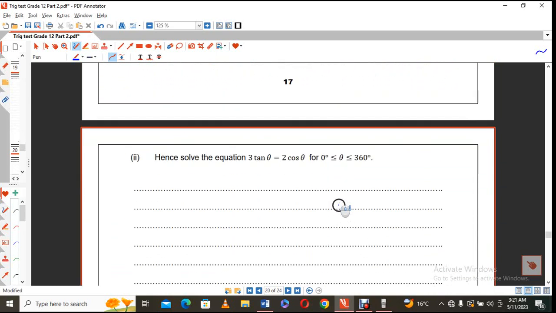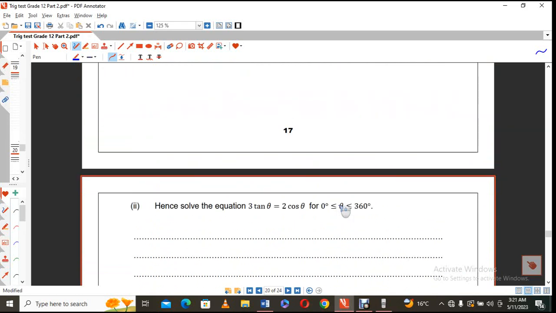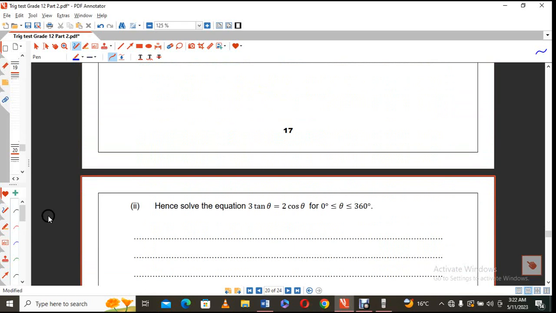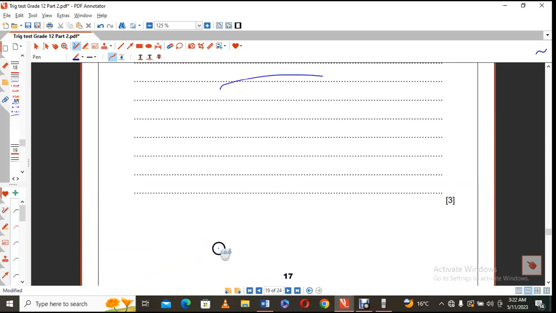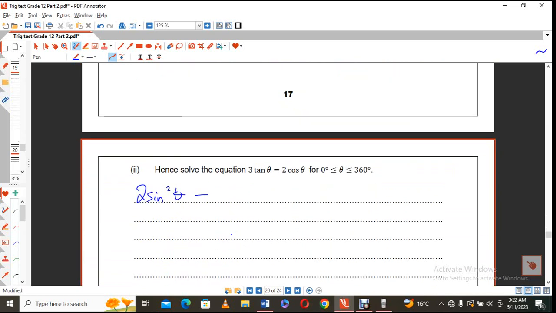Good. The next one, they will want us to solve the equation. So when we solve the equation, we just have to go back and rewrite our equation the way it was calculated. It is 2 sine square theta plus 3 sine theta minus 2.